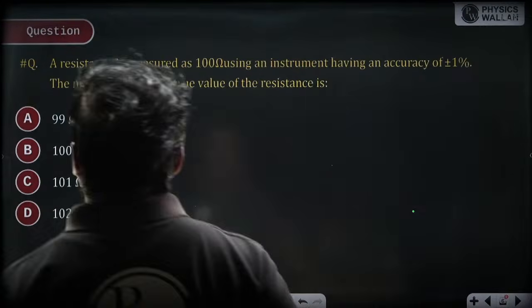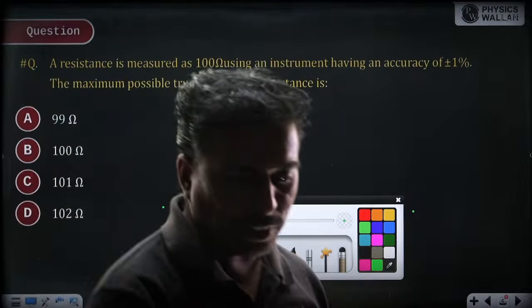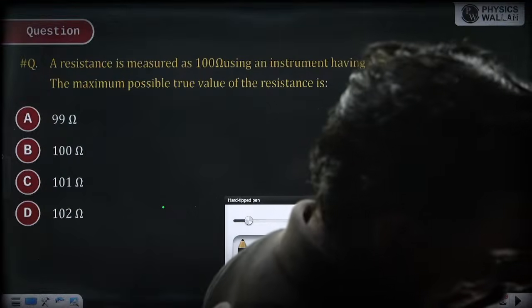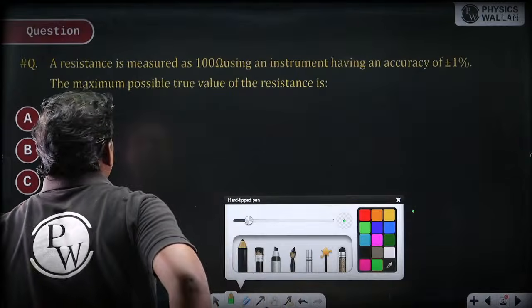Yes, try to answer this question. A resistance is measured as 100 ohms. So the measurement value is 100 ohms. So he's asking the maximum possible true value of the resistance is dash.